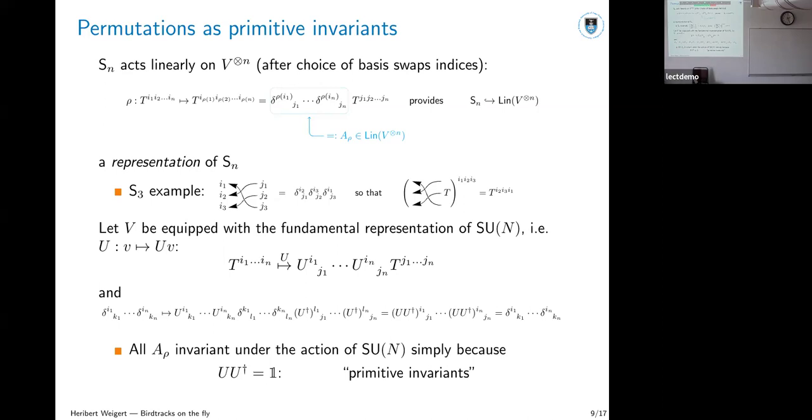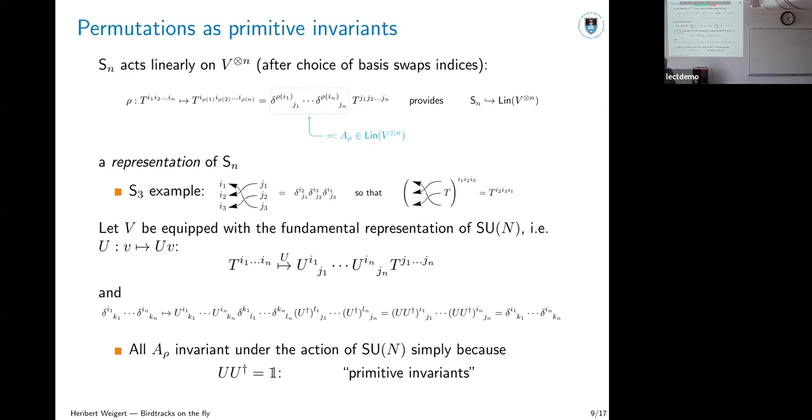And of course, I can now write my operation as a birdtrack, which I know just represents a bunch of Kronecker deltas, and just leave all the indices off. I know that this birdtrack acting on a tensor just means I've swapped around the indices in this one.